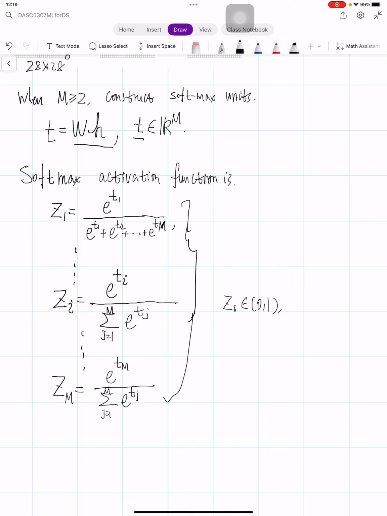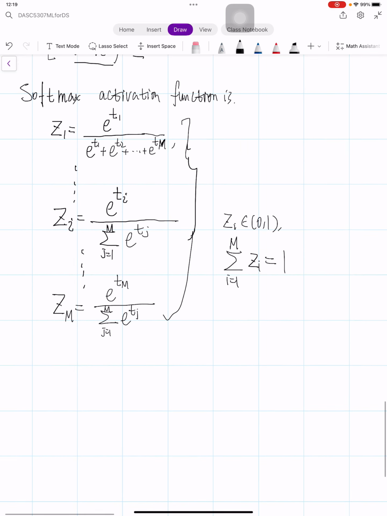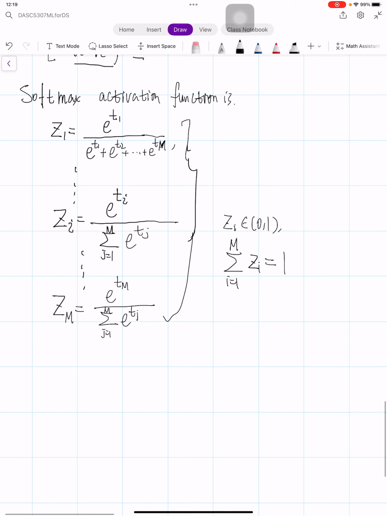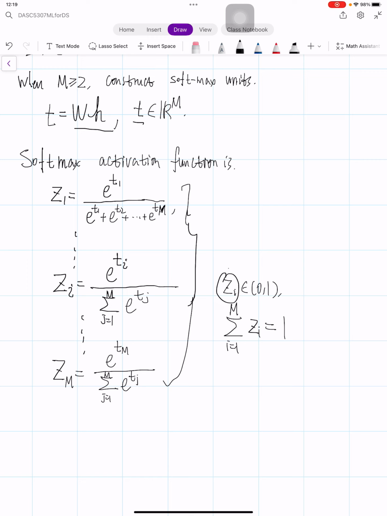And if you sum all the probabilities from label 0 to label m, you should get 1, right? It must be one of the classes. So zi represents the posterior probability that the input belongs to class i.